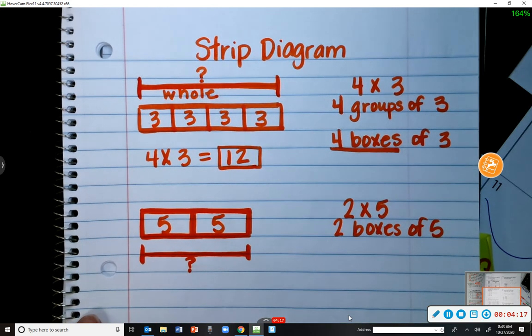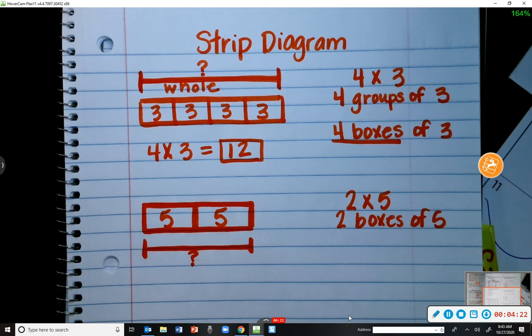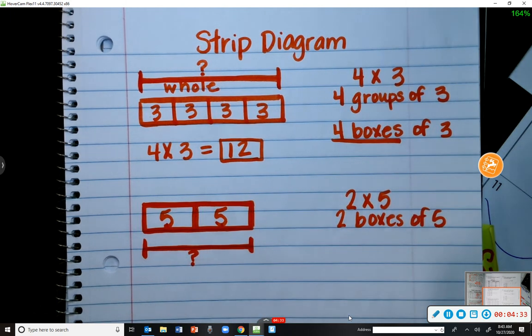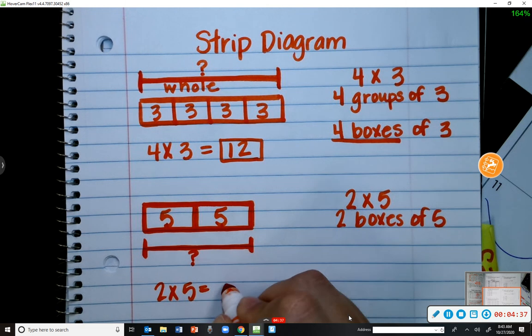Okay? How am I going to find the missing total? What could we do? Add or skip count. Good, Aaliyah. So I'm going to do 5, 10. So 2 times 5 equals 10.